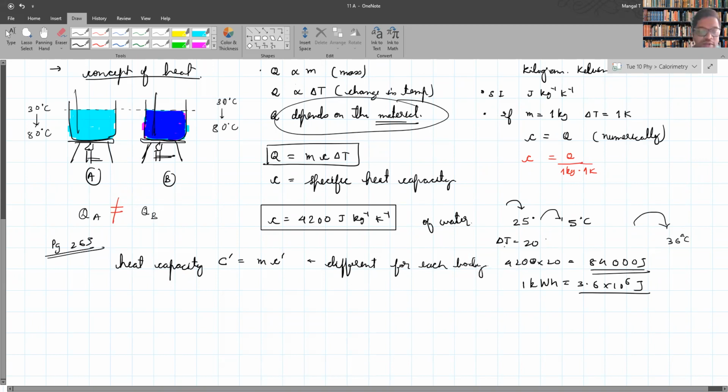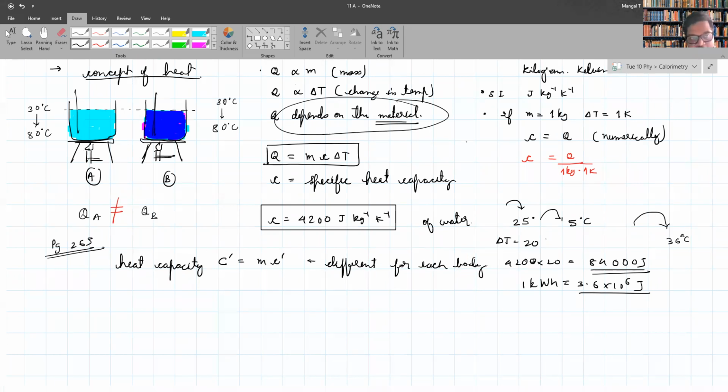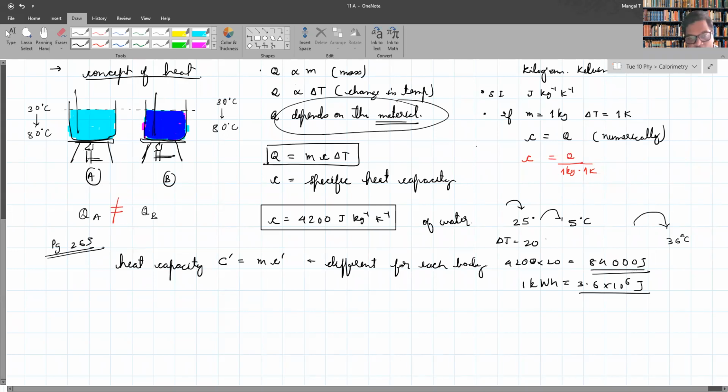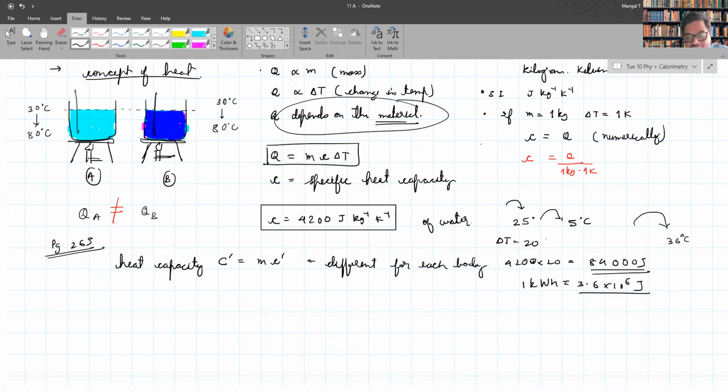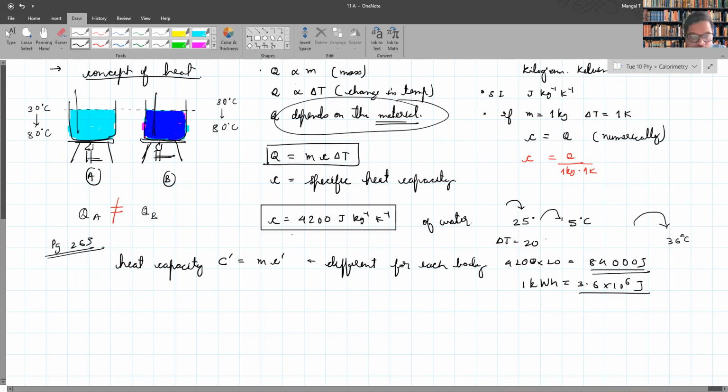Why is this relevant? When you talk in terms of heat capacity, we talk in terms of things that are going to get heated, like the engine of a car, engine of a plane, or any machine that has been used.